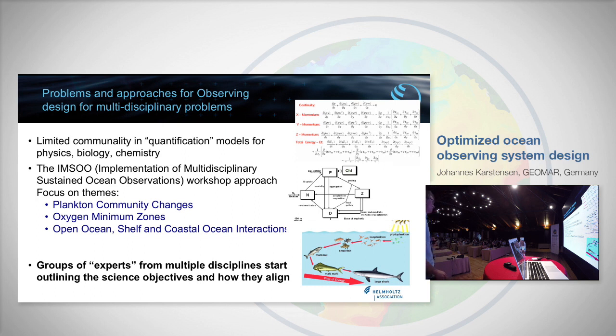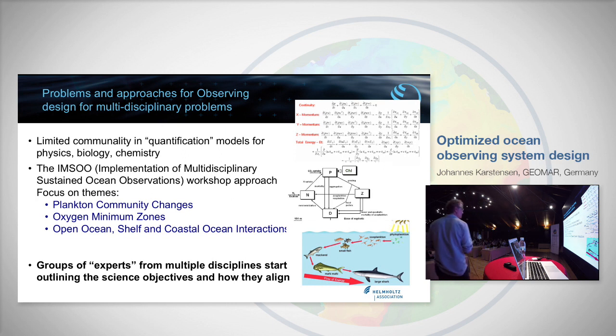So in order to approach that problem, what has been done recently was to organize a workshop and bring people together to think about some focus themes. And some in the room were at this workshop, and we had 3 themes actually. It was plankton community changes, a highly multidisciplinary problem. Oxygen minimum zones, I will go into details about that in a second. And also open ocean, shelf and coastal ocean interaction.